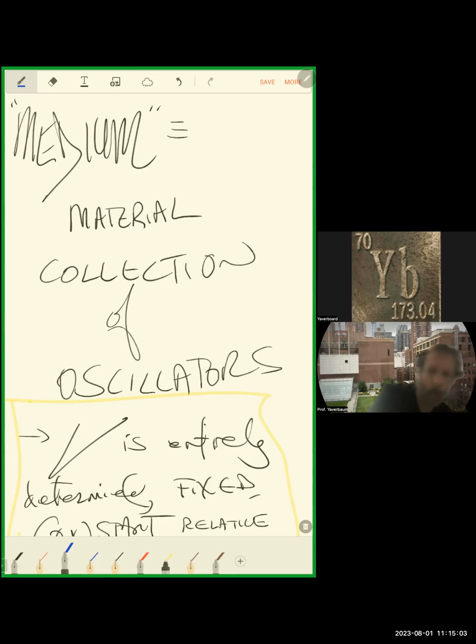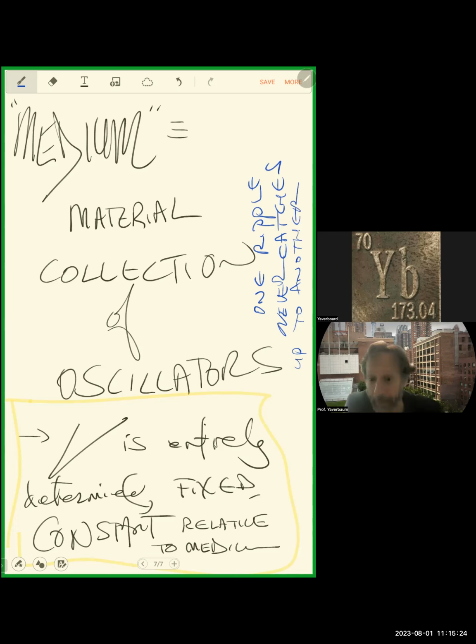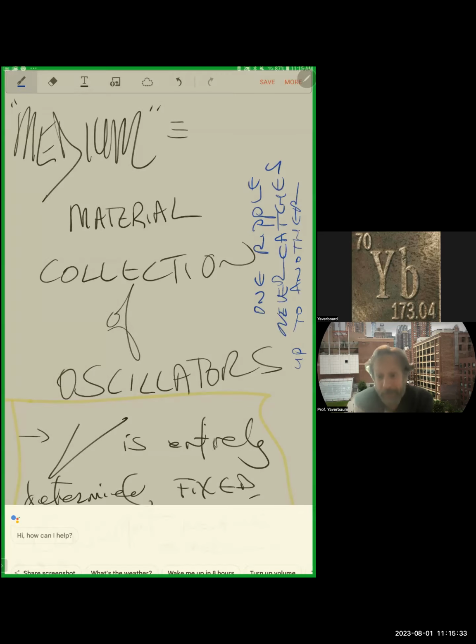If you look at wave ripples in a pond or on a string, you will notice one ripple never catches up to another. It's so duh, but it's so not duh. Ripples can cross if they're going in opposite directions, but you'll never see one ripple start catching up to another and overtake it or pass it. In fact, there's always an equal space between ripples.